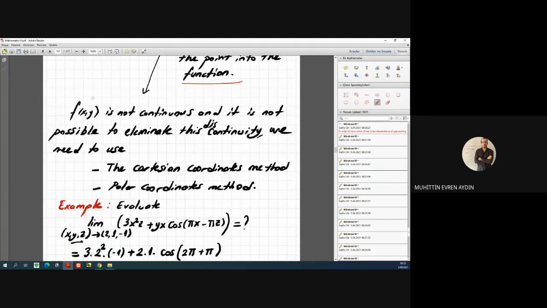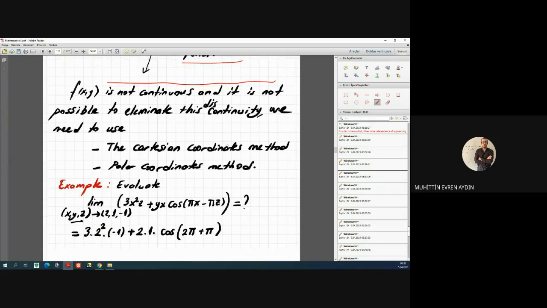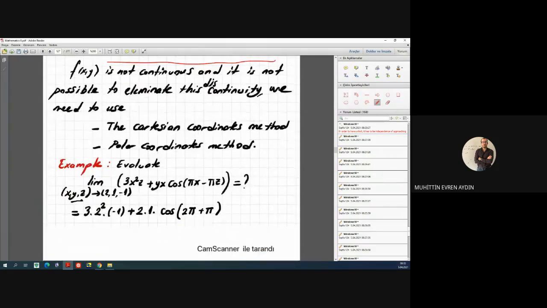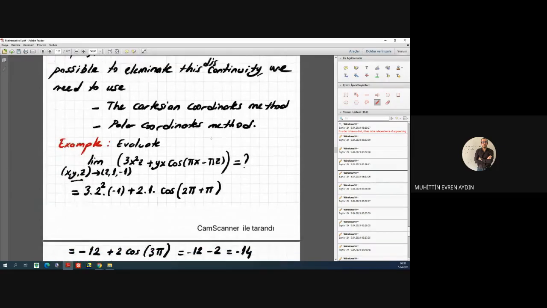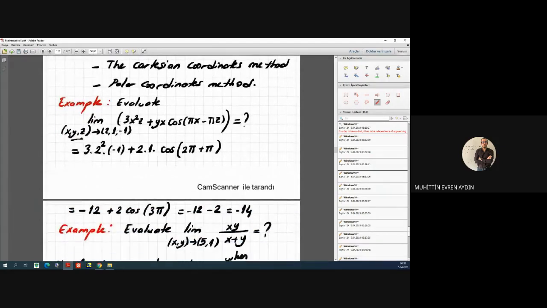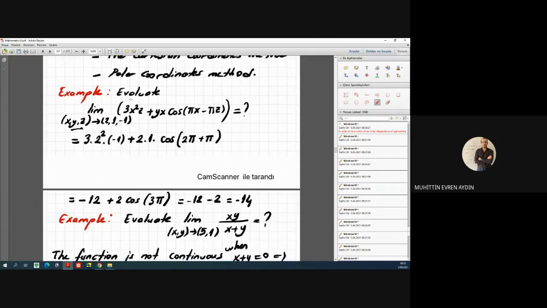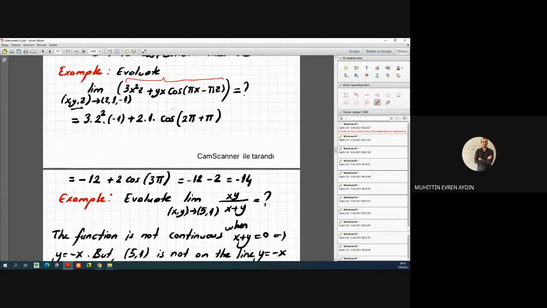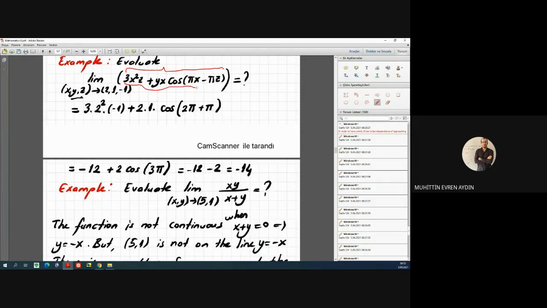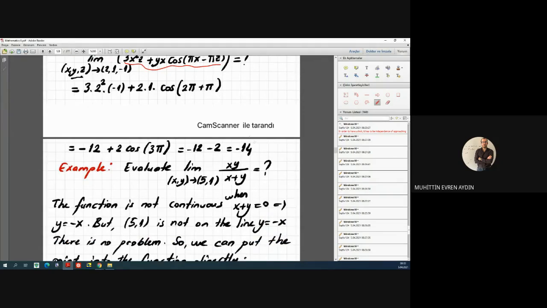If the function f is not continuous and it's not possible to eliminate this discontinuity, then we need to use the Cartesian coordinates method and the polar coordinates method. Let's provide an example. Okay, we have such a function which is continuous because we have polynomials and trigonometric functions which are already continuous, and we have this result.